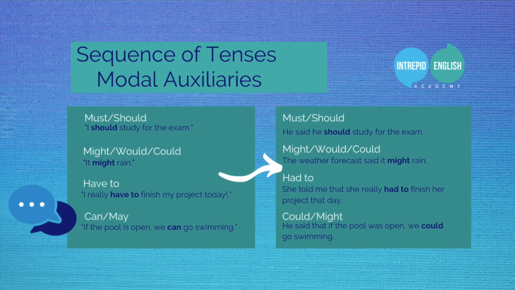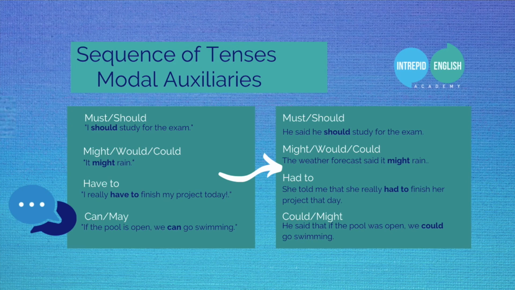In our direct speech, if we say I should study for the exam, in reported speech, the should doesn't have to change. He said he should study for the exam. Equally, might, would and could can stay the same, but we signify the reported speech with the other phrases. So, it might rain becomes the weather forecast said it might rain.